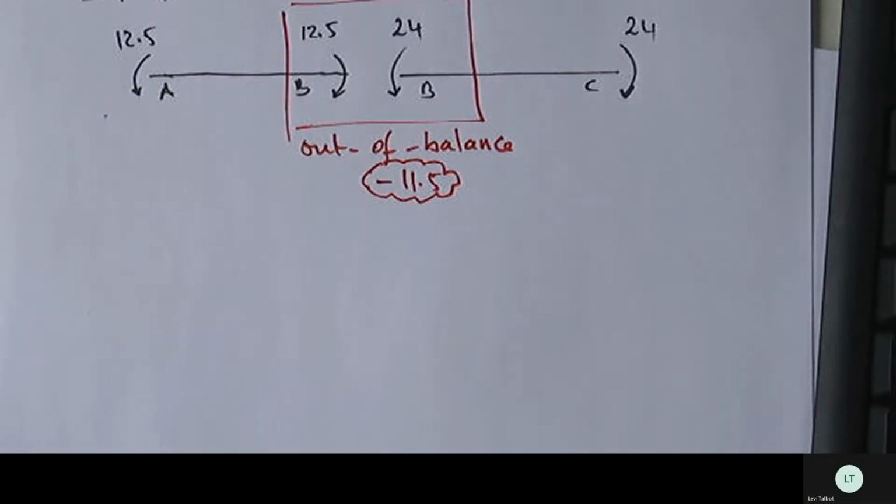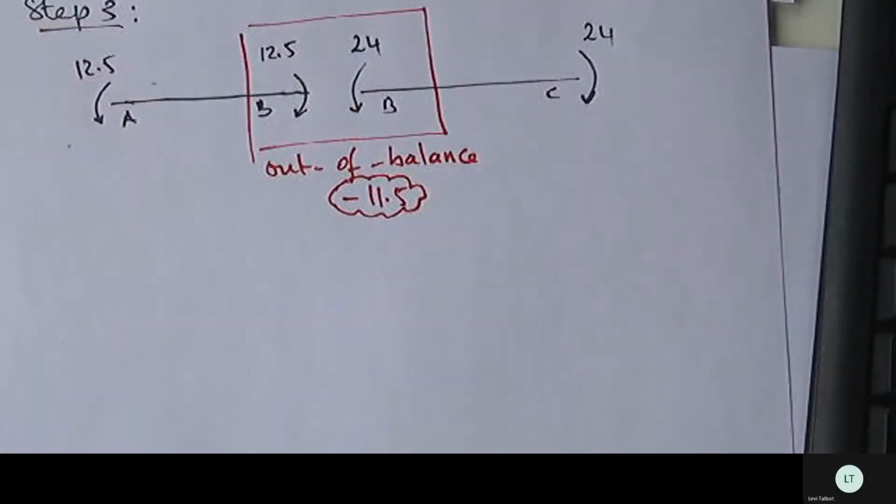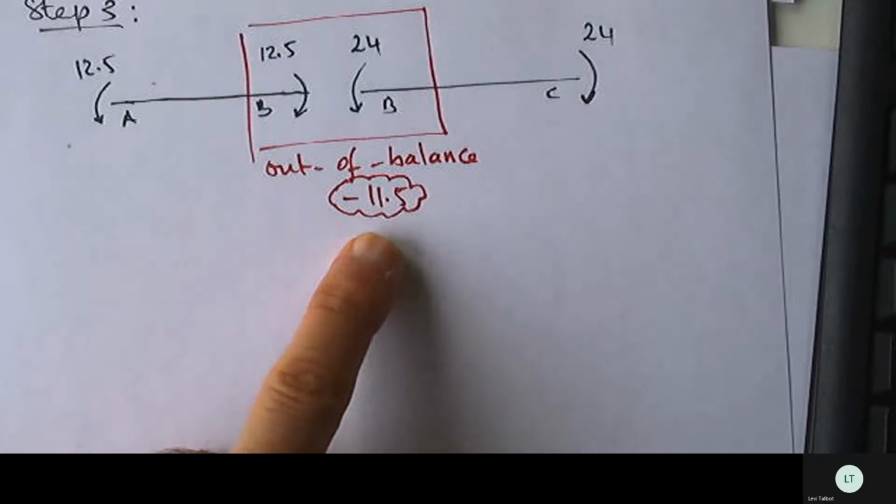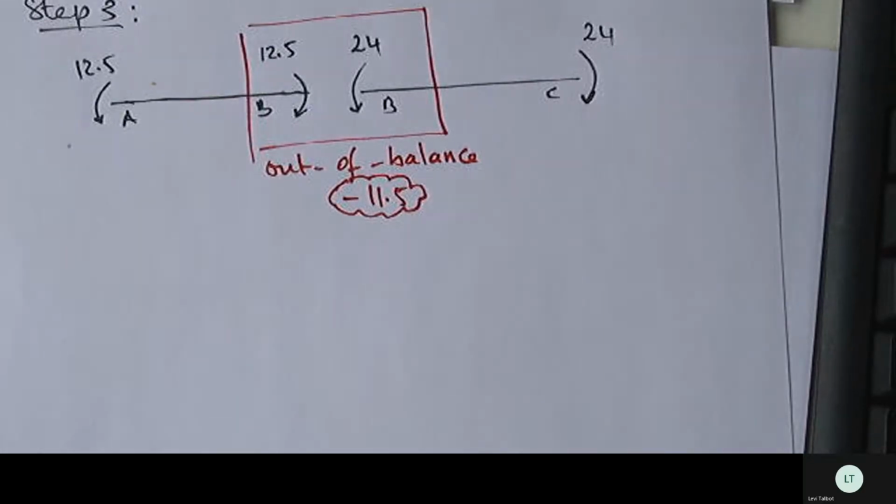How much do I need to add to B to make it balanced? 11.5. Do you agree? Because we have minus 11.5. If I add plus 11.5, that makes it balanced.